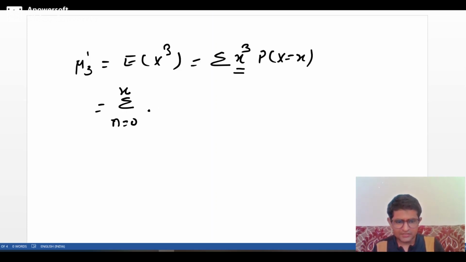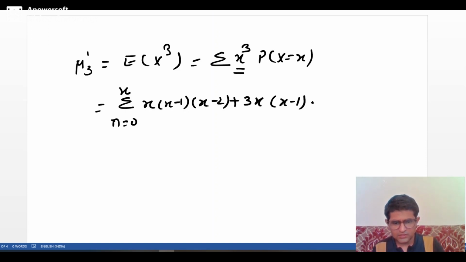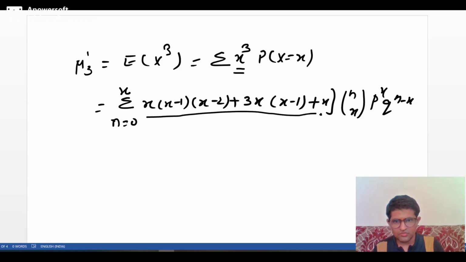You may write x cube as x(x minus 1)(x minus 2) plus 3x(x minus 1) plus x, multiplied by n choose x, p to the power x, q to the power n minus x. This is the expression of x cube. Why do we express x square, x cube, x4 like this? Because we can easily find the value of mu3 dash.